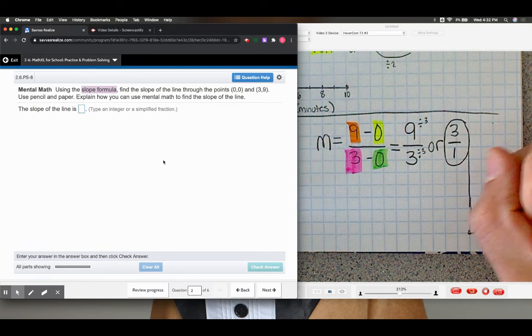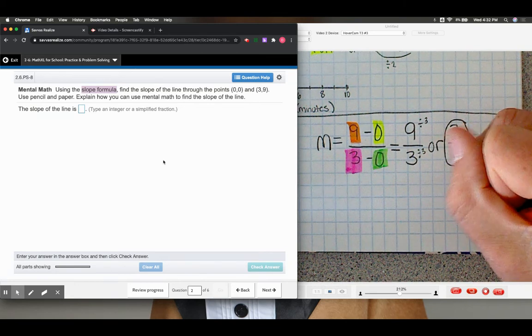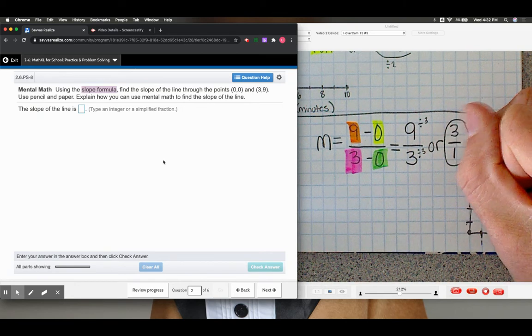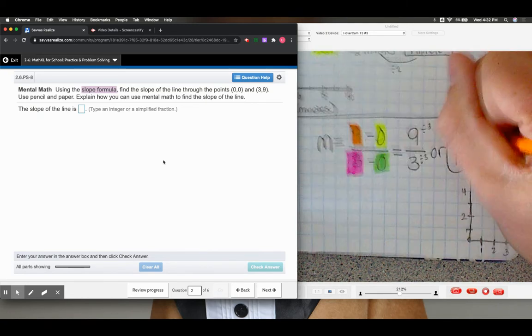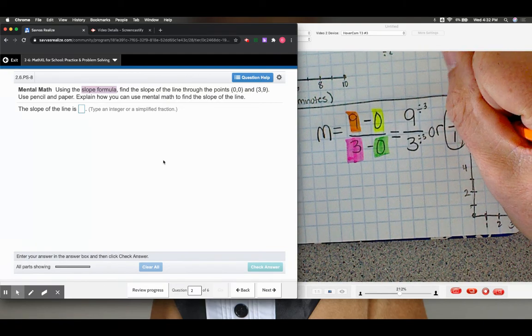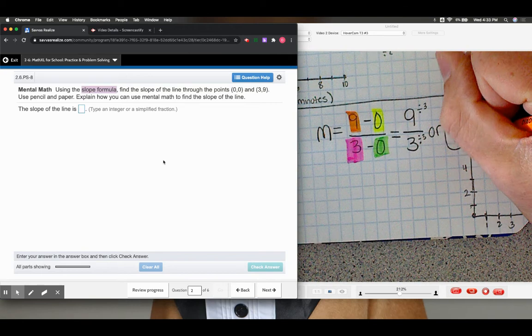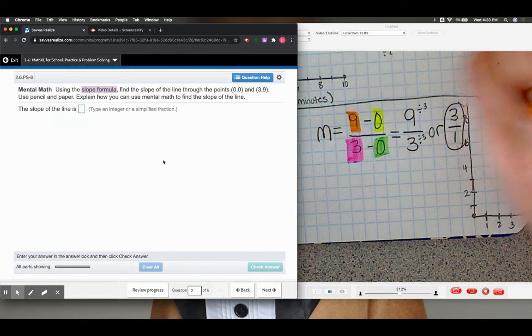If I put these 2 points on a graph, 1, 2, 3, you don't have to do this, just follow along. 2, 4, I'm running out of space here. 6, 8, 10 would be way up here.